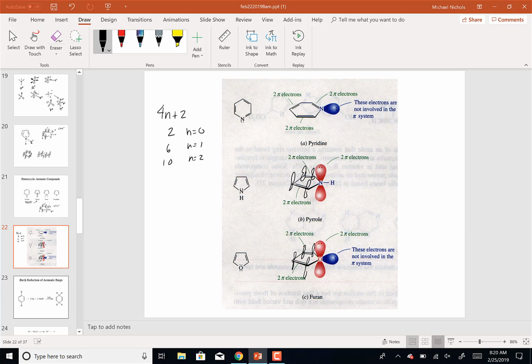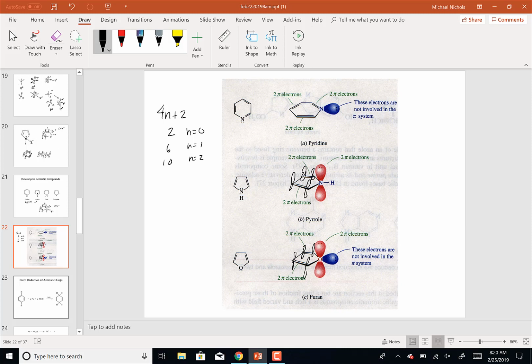That's all it does. So if you say, well, I've got 8, 8 doesn't fit 4n plus 2 because n has to be an integer. So if you solve 4n plus 2 equals 8, you would get n not being an integer, so therefore that's not an allowed value. 8 would equal 4n.